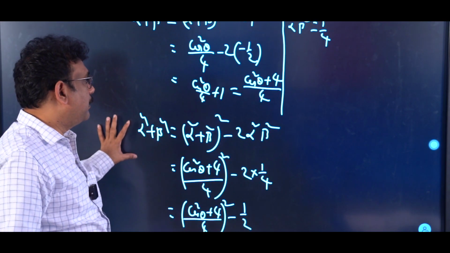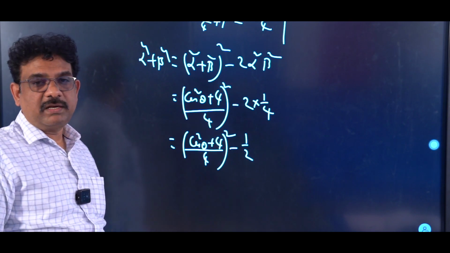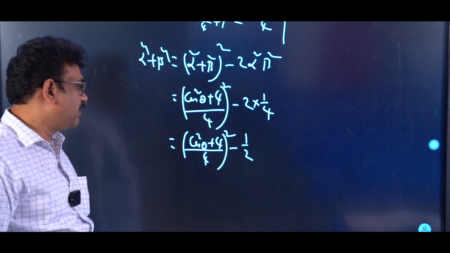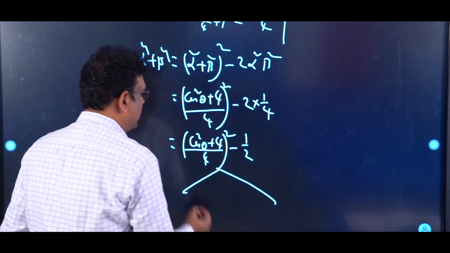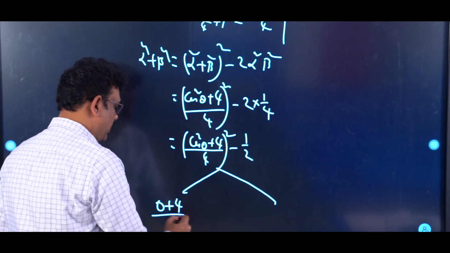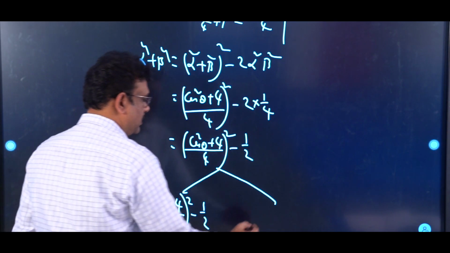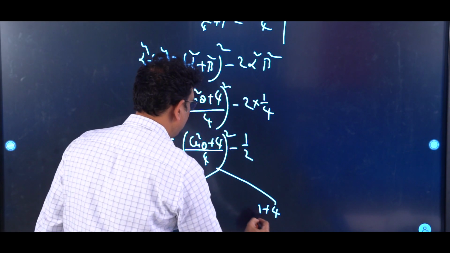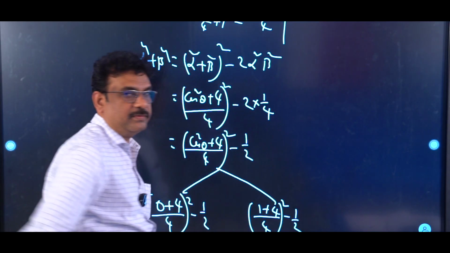Now here maximum value of cos square theta is equal to 1. Minimum value of cos square theta is equal to 0. So here substitute 0 plus 4 by 4 whole square minus 1 by 2. Next 1 plus 4 by 4 whole square minus 1 by 2.